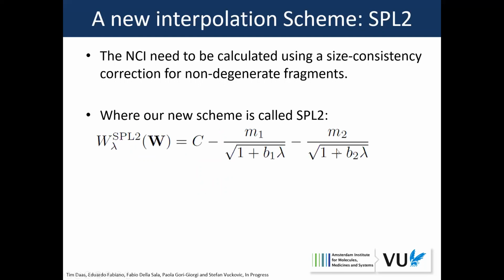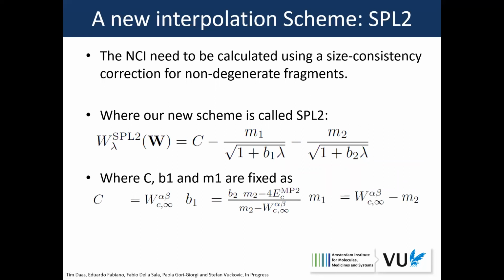So our new scheme is called SPL2, which is named that because it uses two SPL-like functionals, which you can see here and here, instead of just one, because the difference between two convex functionals might have this change from concave to a convex function, because it doesn't have to be necessarily convex anymore. Then we fix CB and M1 to the correct large lambda limits, giving us the following constants.